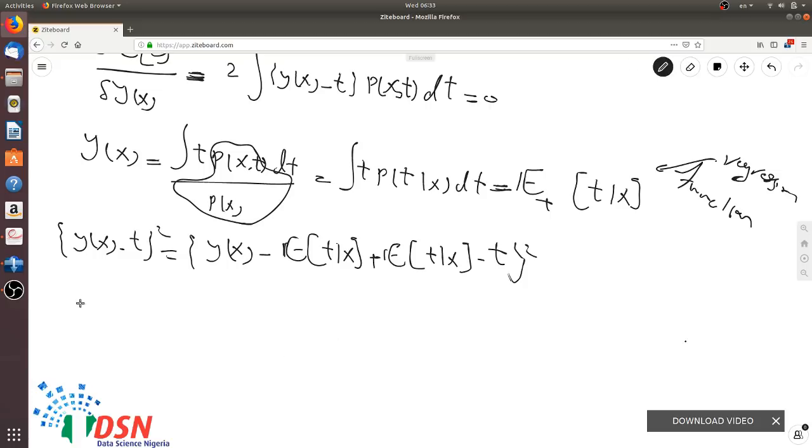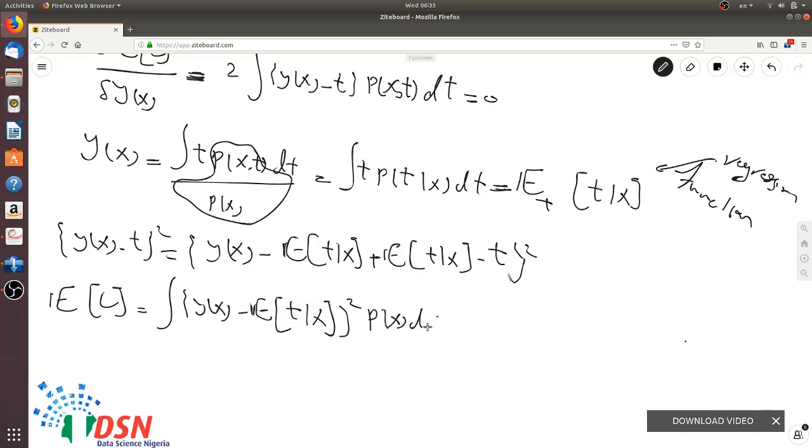So you could write the expected loss as the integration of y of x minus the conditional expected value squared, p of x dx, plus the integration of the expected value of t given x minus t squared, p of x dx.